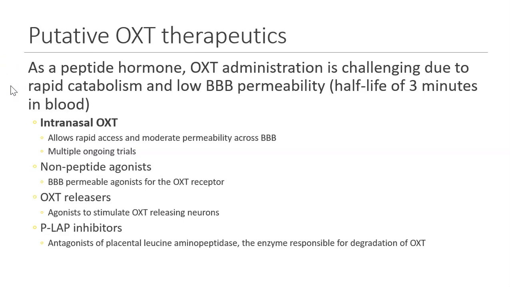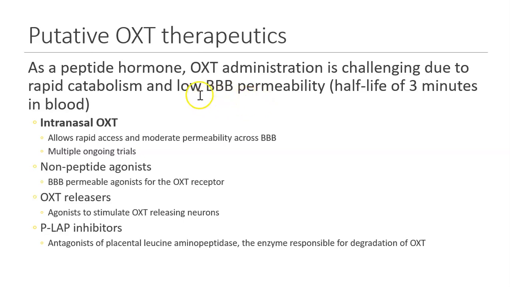So as a peptide hormone, oxytocin administration is challenging because it gets broken down quite quickly in the body, so that's the rapid catabolism, and it has trouble permeating the blood-brain barrier itself, so it's really hard to get it into the brain via like oral or intranasally or whatever.